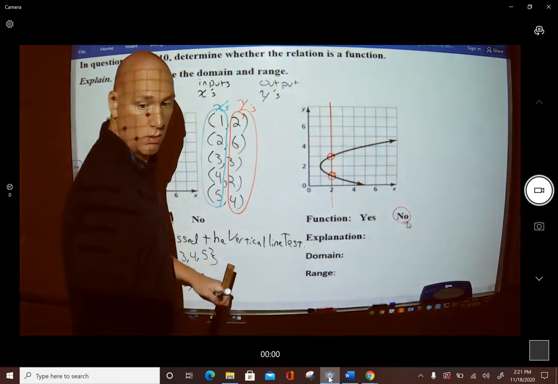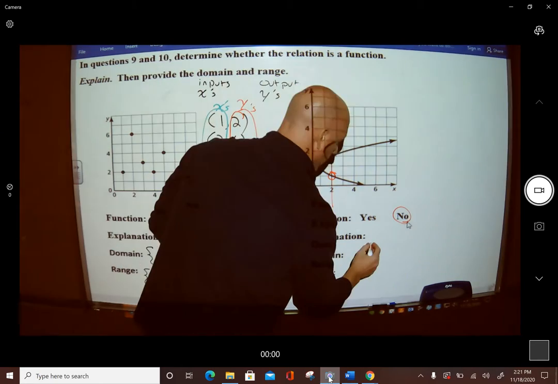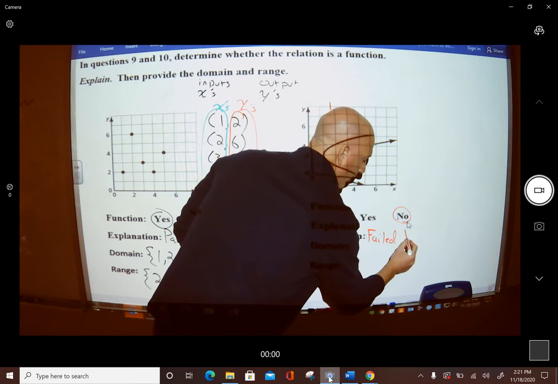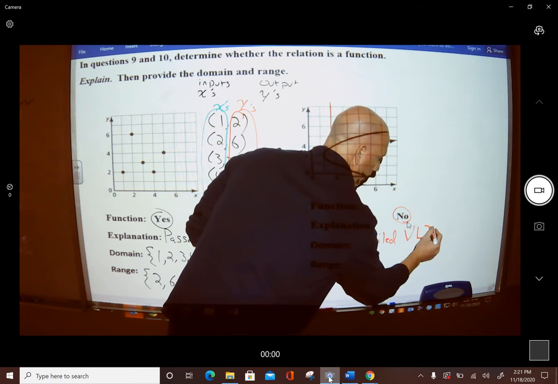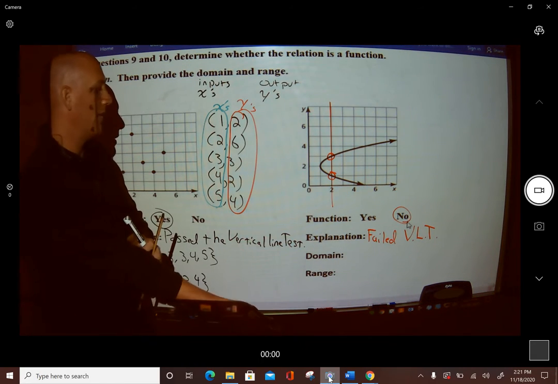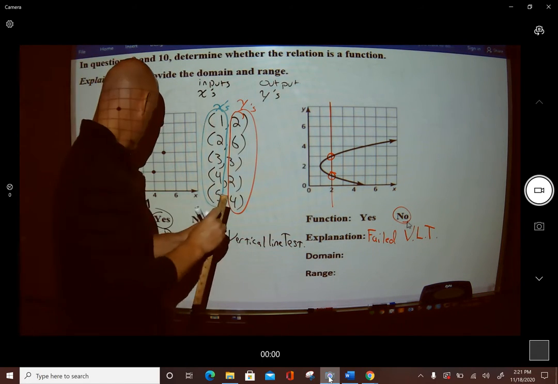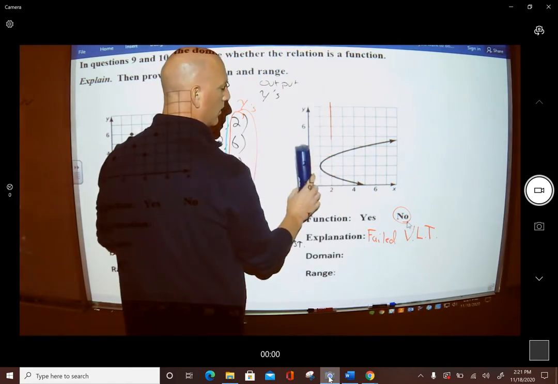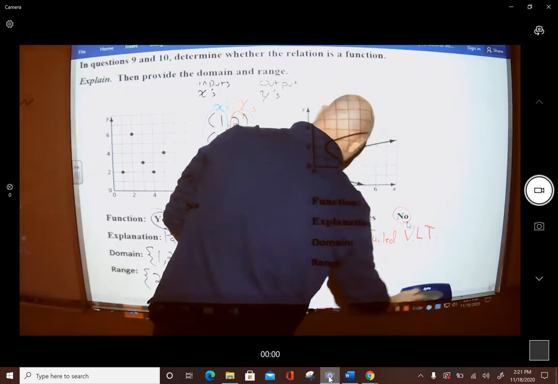No. Why not? Because we failed. And I'm going to shorthand this, the vertical line test. Okay? Now, let's talk about the domain and range. So I'm going to erase my vertical line test so you can see my domain and range a little better.